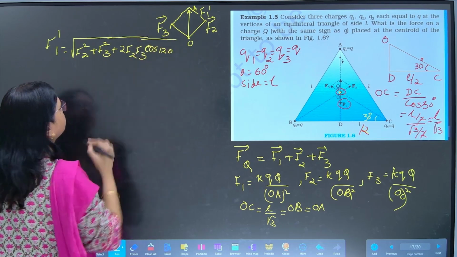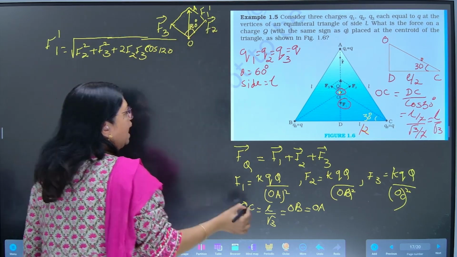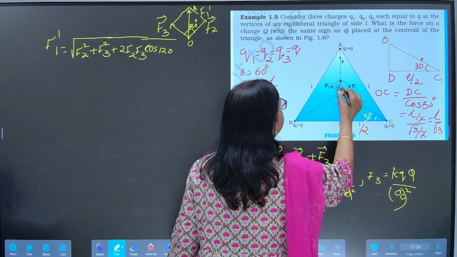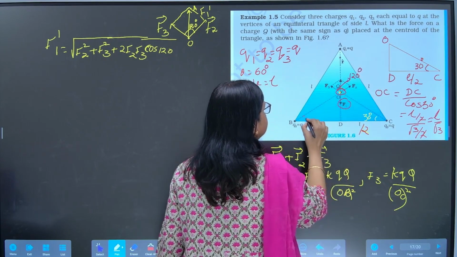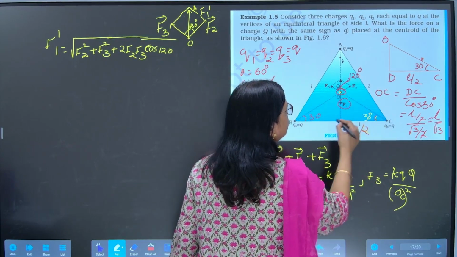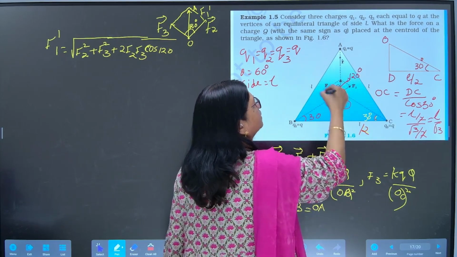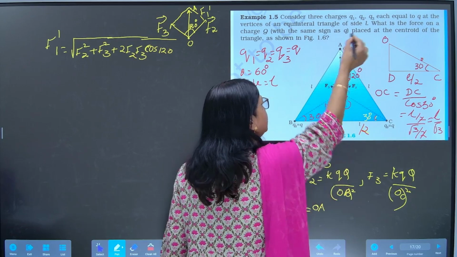As can be seen from the figure, the angle between F2 and F3 is 120 degrees. If this is 30, this is also 30, then this is 120. The vertically opposite angle is also 120.